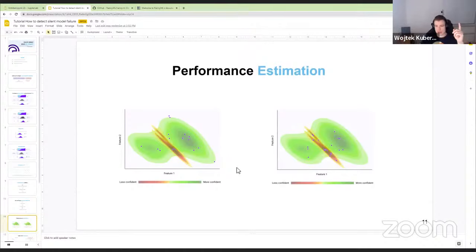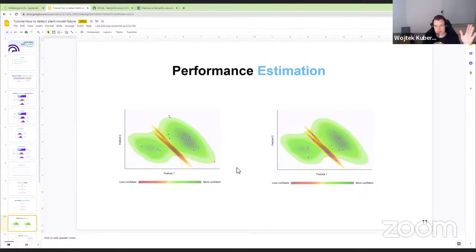Now we know that. What else do we know? We know the threshold that we will use as a business rule to make our prediction. Let's say this threshold is 0.5. If a prediction is above 0.5, we're going to classify a given point as positive. If the prediction is below 0.5, we're going to classify it as negative. Just an example, right? We have to pick it at some point to make a business decision.